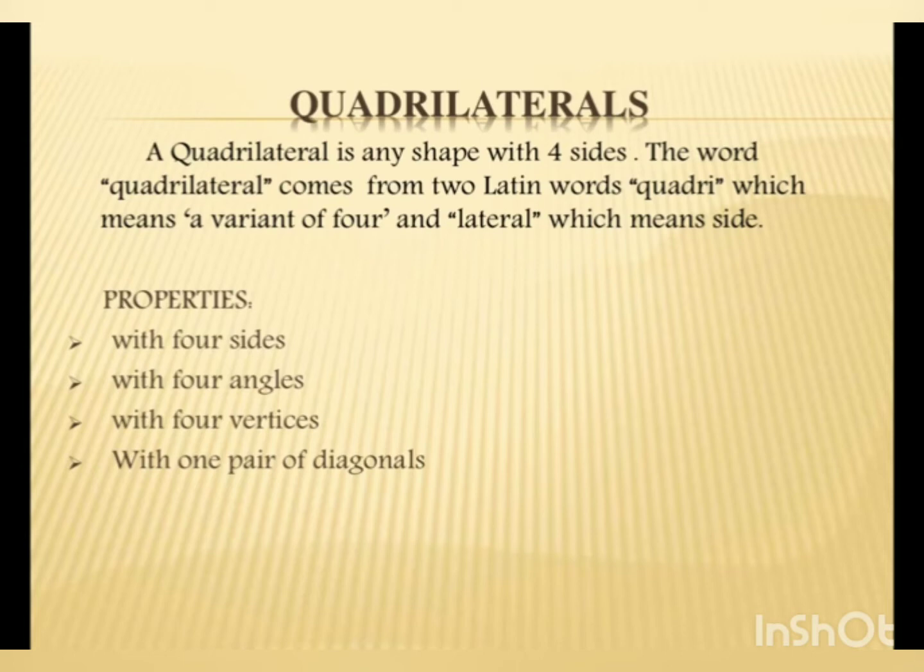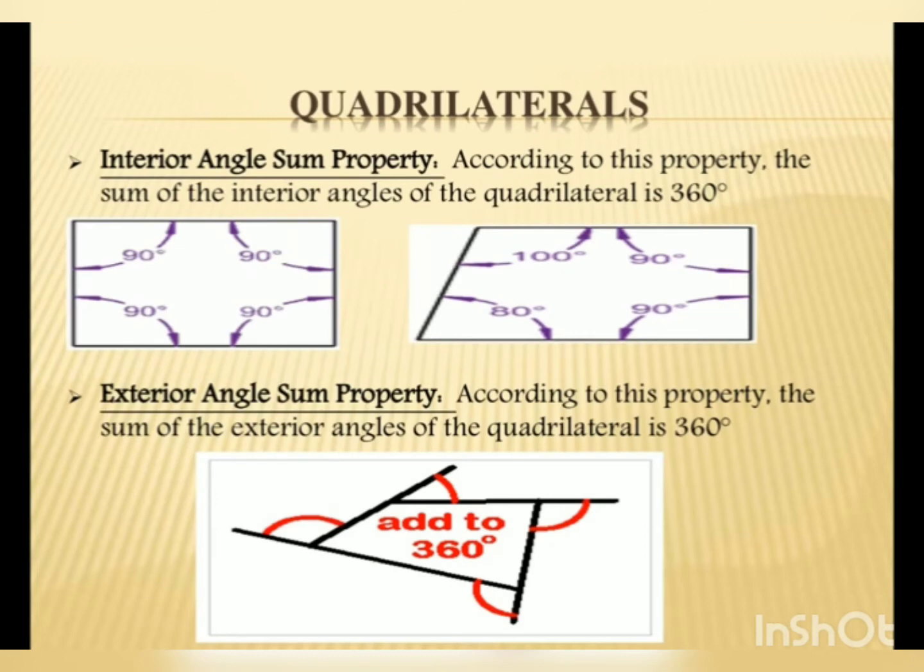Now the properties of quadrilateral: it has four sides, four angles, four vertices, and one pair of diagonals. Another property related to quadrilateral is the interior angle sum property. According to the property, the sum of interior angles of a quadrilateral is 360 degrees.